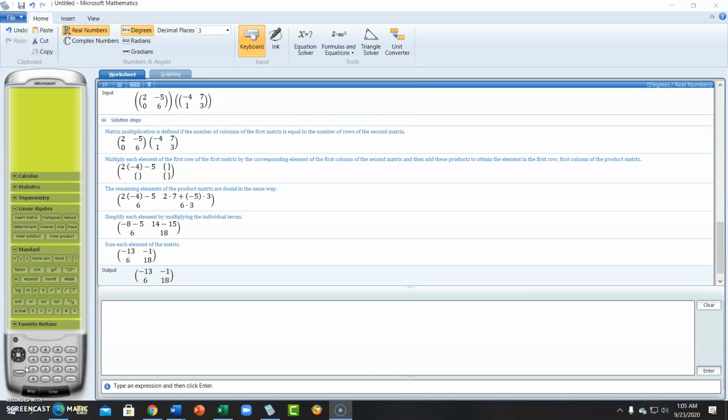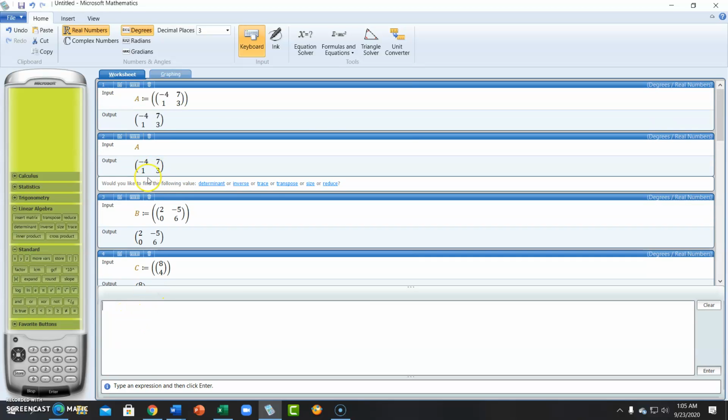I can also probably do the same thing for any one of my other expressions that I had. I'm going to actually go back to the second expression I did, which was B minus A, but instead this time I'm going to copy and paste the matrices again like I did before.